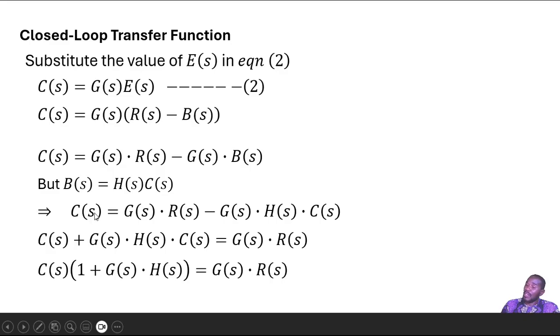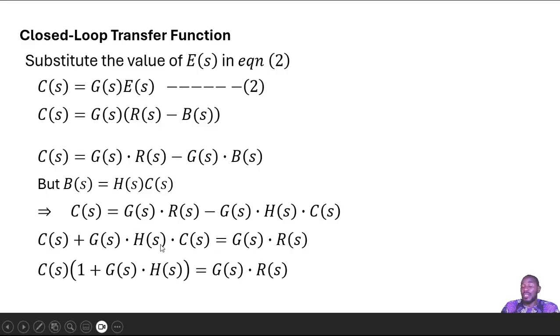So we now have C of S plus G of S, H of S, C of S equals what's left on this side. All that is left is G of S, R of S.